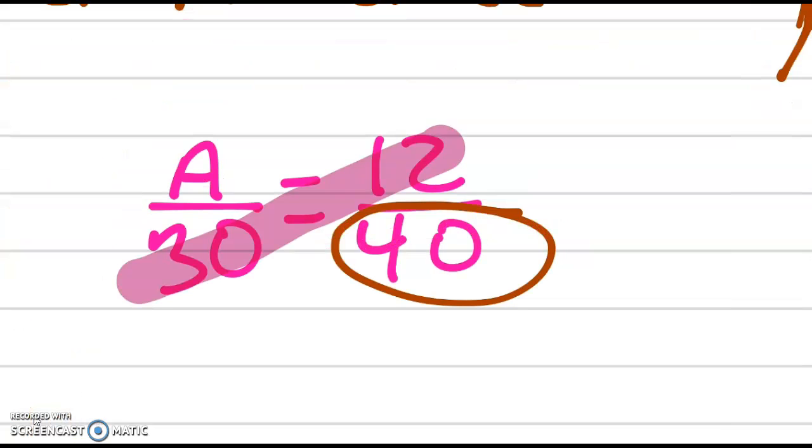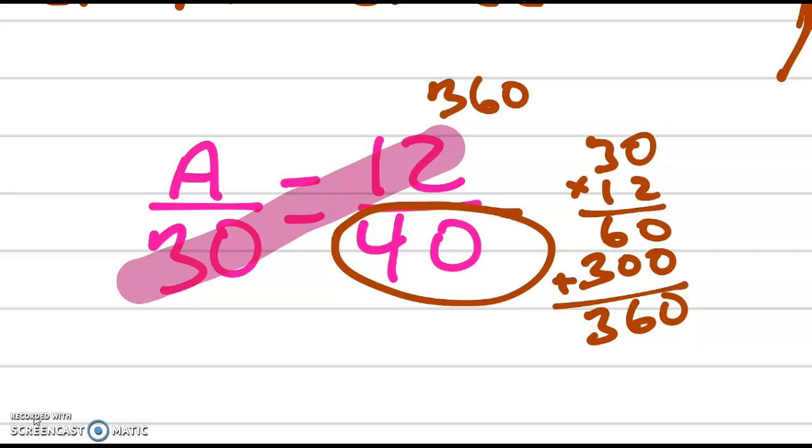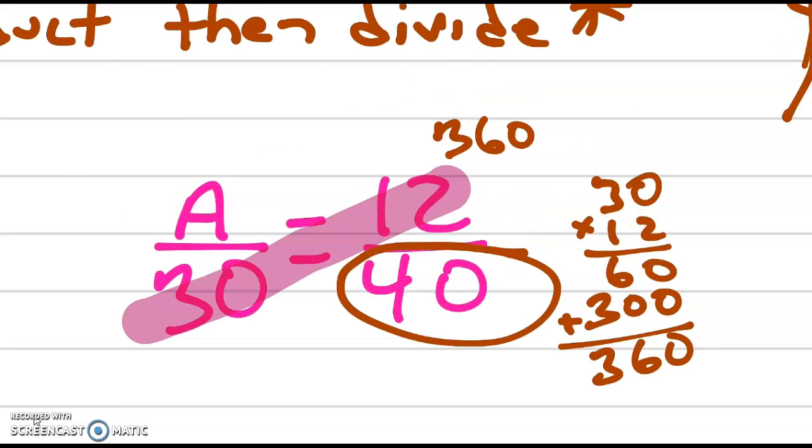40. So we're going to do 30 times 12. 2 times 30 is 60. Placeholder. 30. Add those up. 360. So this equals 360. And then divide by the number that you have left, the number that nothing has happened to. And that is 40, right?